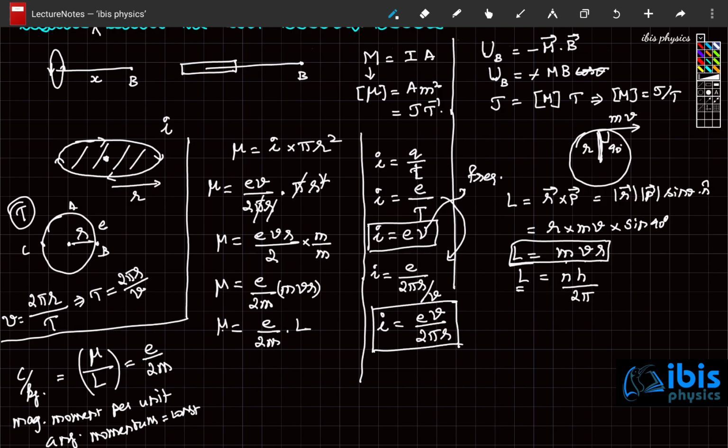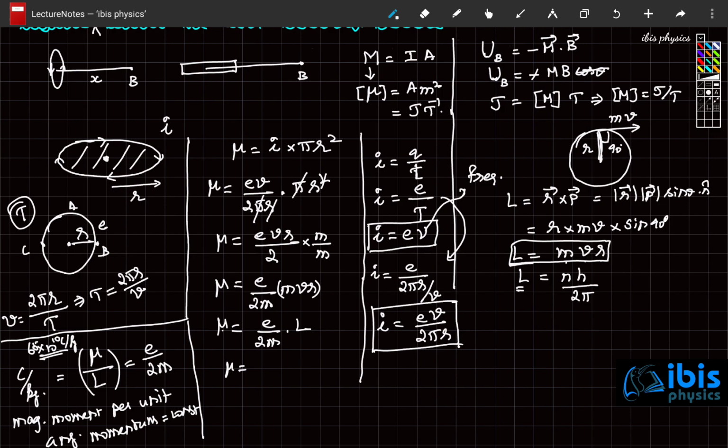So just find out the charge per mass ratio. It is roughly around 6.5 into 10 power 10 coulomb per kilogram. Try to remember this value.